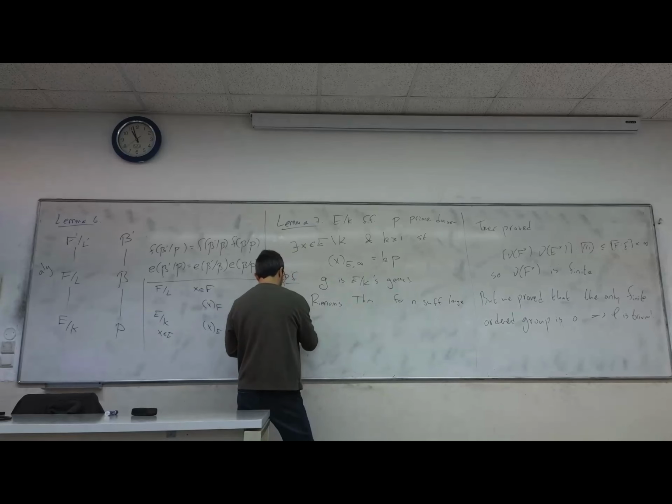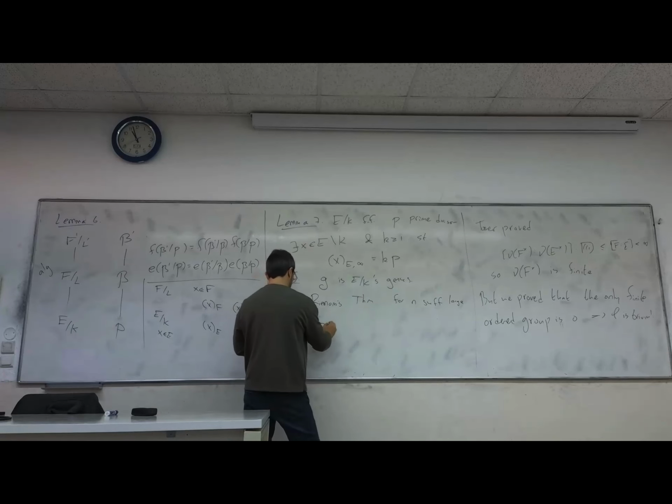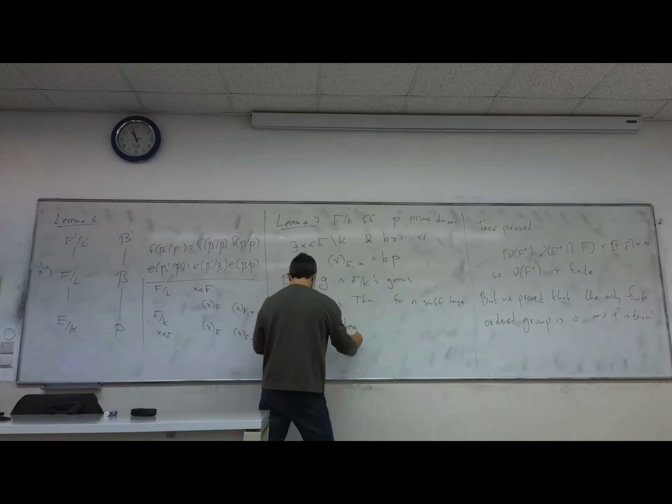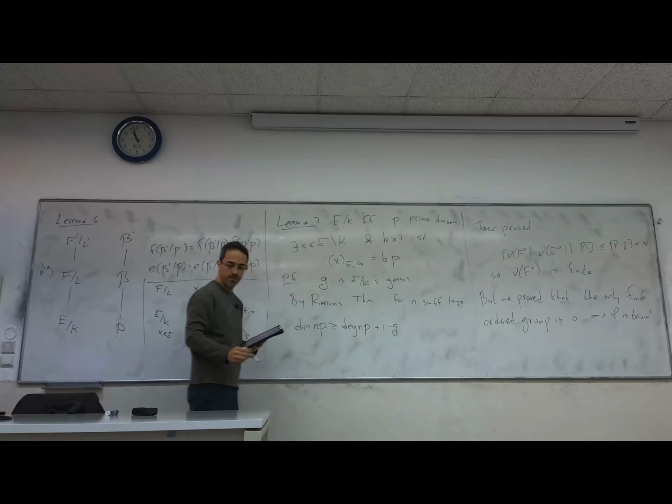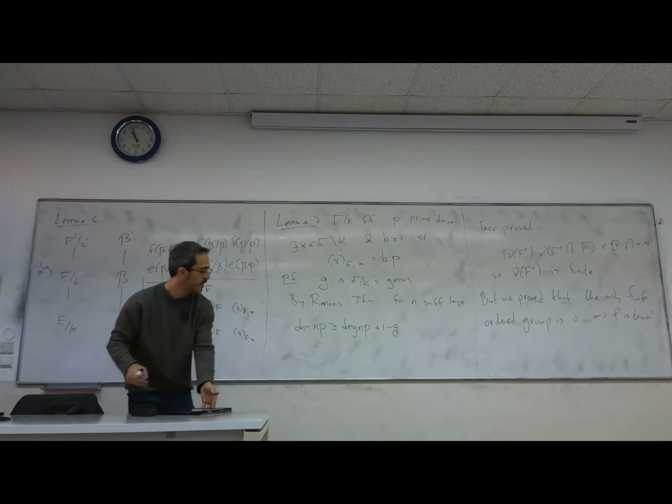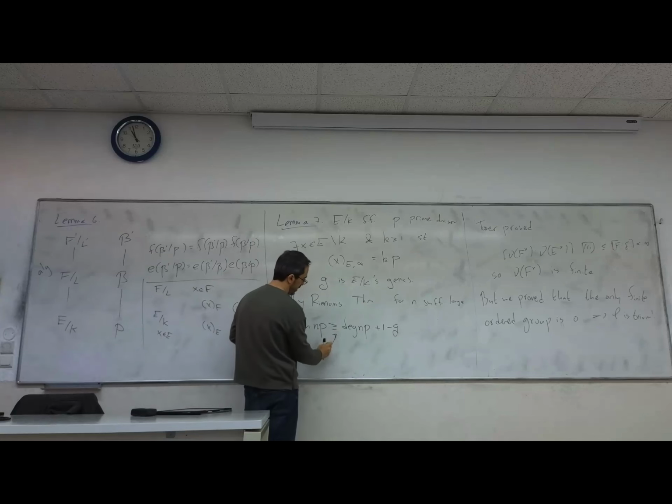You know always that by Riemann's theorem, the dimension is at least the degree plus 1 minus g. That's kind of the definition of the genus using Riemann's theorem.